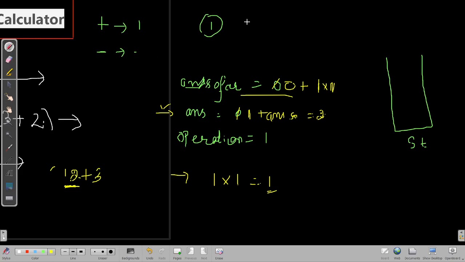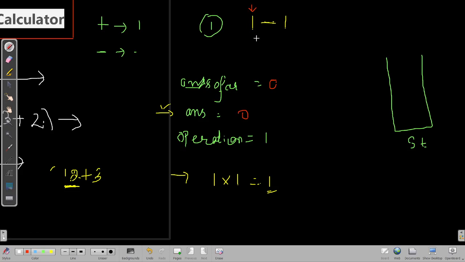Now let's take another example and see how 1 minus 1 works, so that it can give more clarity to you. So let me erase this. The answer so far is initially 0, the answer is 0, and we have 1 as the operation. We check if it is a single digit or a consecutive digit.